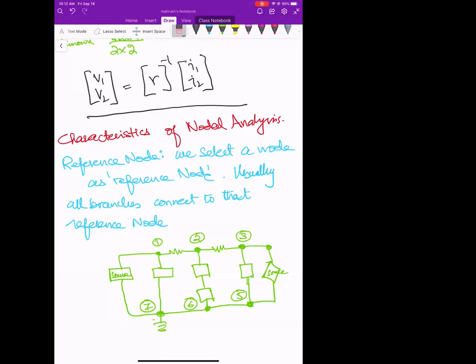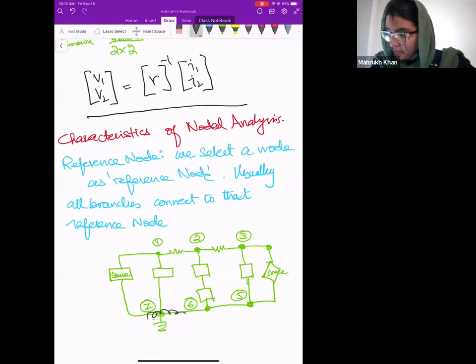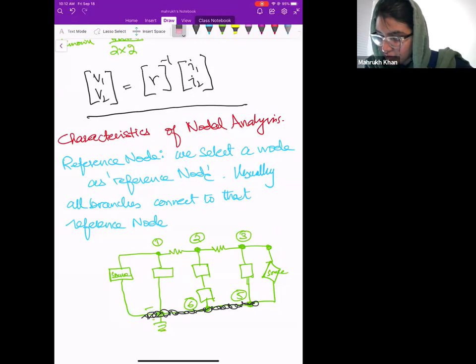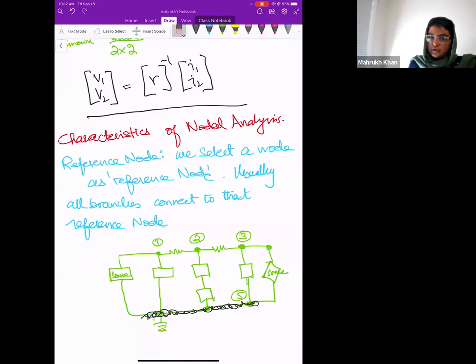So if you closely look, this all is ground, right? So there is no 5, 6, or 7 node. There is only one node here because they are all connected to each other without any element in between. So this 5th node is ground, right? So all the circuit is connected to it. So I should say this is 4.